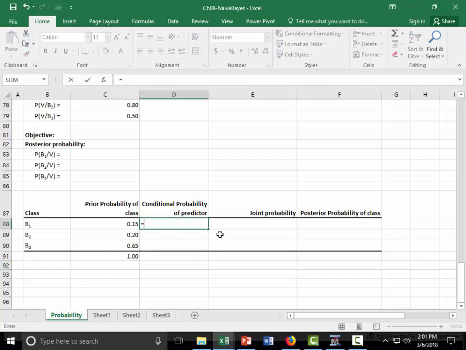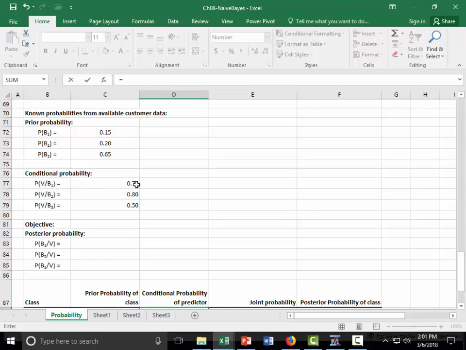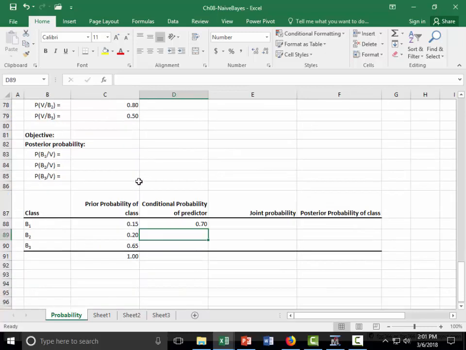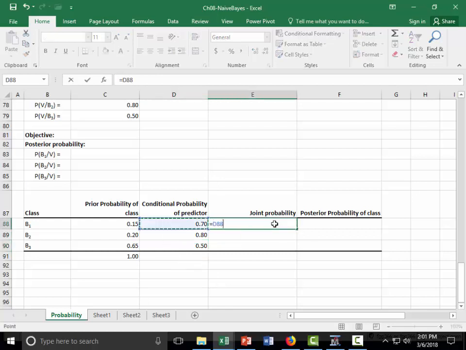And the conditional probabilities are these. Once you assemble these two columns, the rest is pretty mechanical, very easy. All you have to do is take the joint probability, which is the product of that times that.